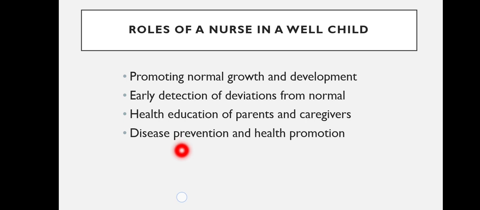You can just control the water, the sanitation, as well as hygiene, hand washing. You teach them on hand washing. Basically, look at airborne diseases like cough, etc. So these are some of the roles of a nurse in the well child.